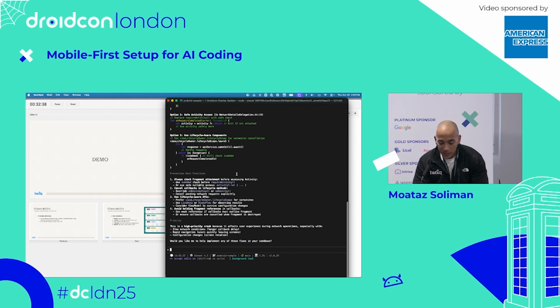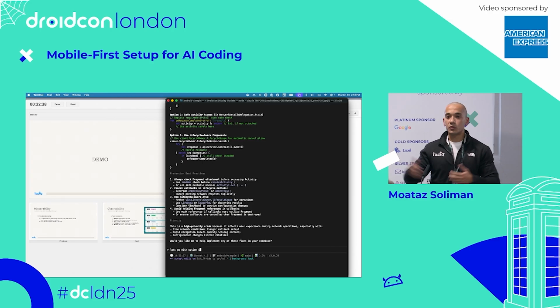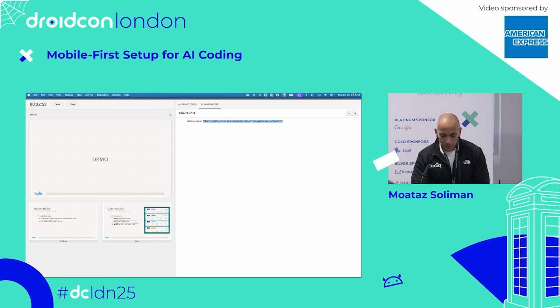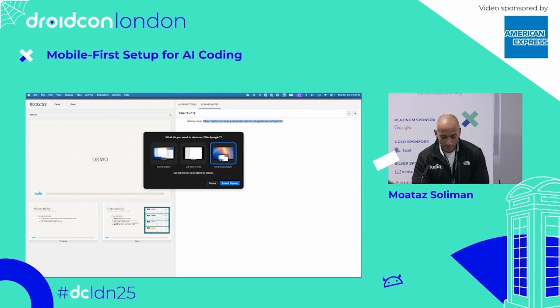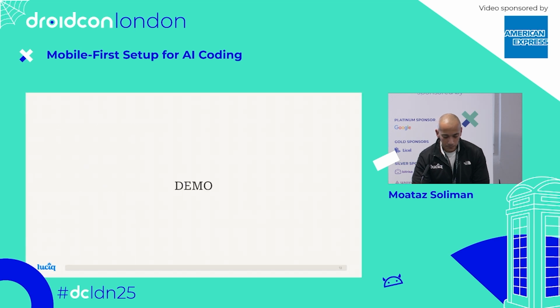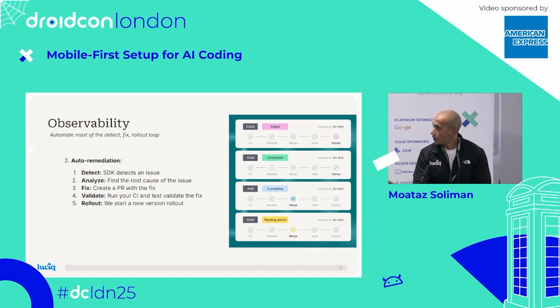And it could be as simple as you can now say, let's go with option 1, for example. In that case, it's going to start to execute the fixes for that crash, all without, again, leaving your IDE. Now let's go back to the deck. Okay, perfect.